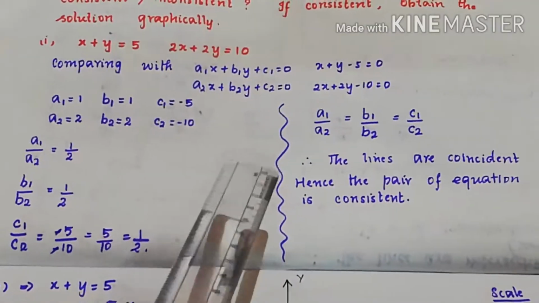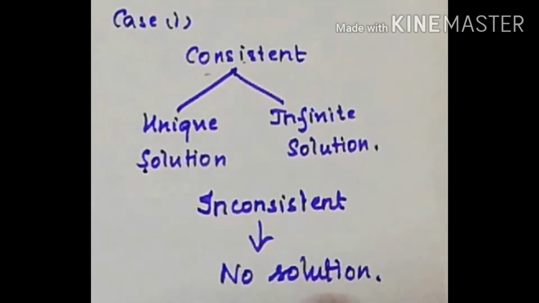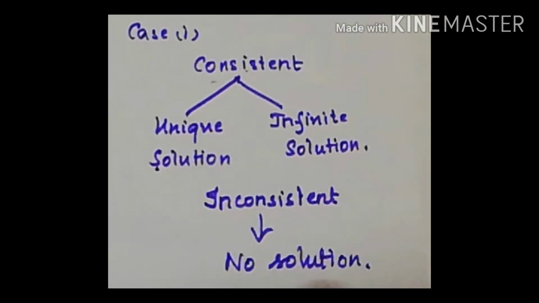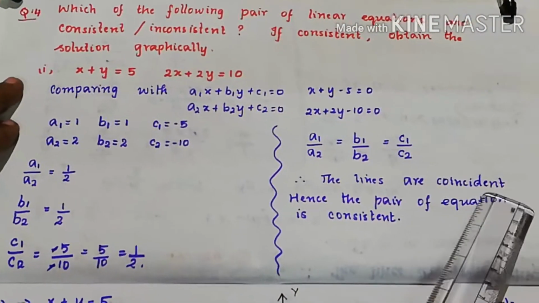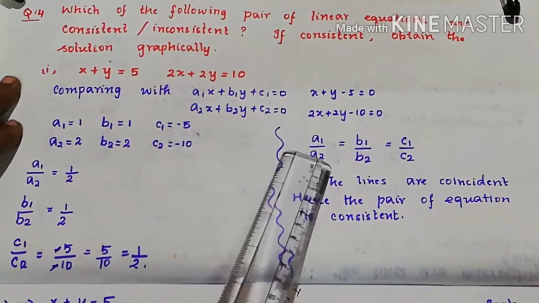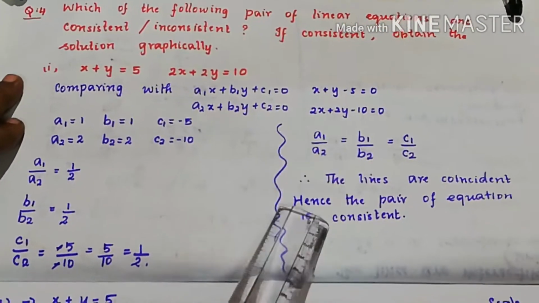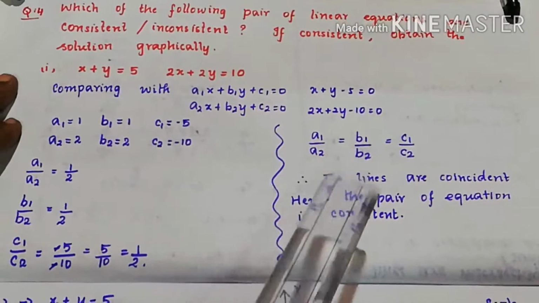Just now we have seen in the previous sum, when you say consistent, it has a unique solution or if it has infinite solutions, you also say it is consistent. So here all the ratios are equal, meaning the lines will be coincident and hence it has an infinite number of solutions. So we say the pair of equations is consistent.